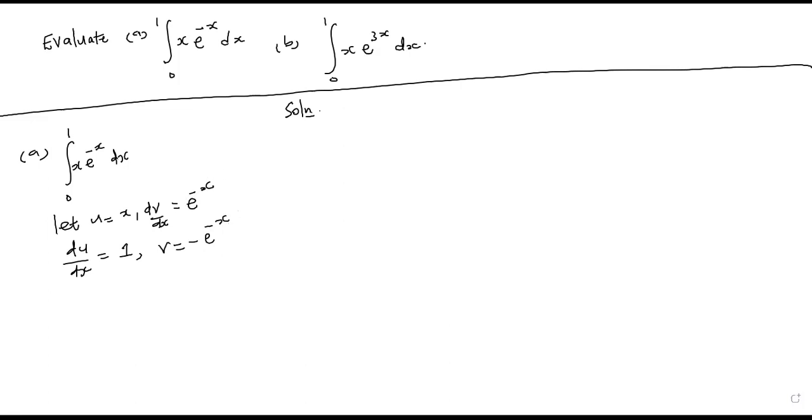So from this we can have it that the integral from 0 to 1 of x e to the power negative x is going to be equal to uv, which is negative x e power negative x, minus integral v du. V is negative e to the power negative x, then dx. So this is going to be, of course, let me first leave the limits.